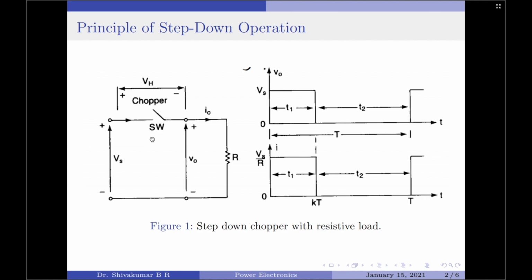Ideal switching devices show 0 voltage drop when they are on, whereas the practical devices have a finite voltage drop ranging anywhere from 0.5 volts to 2 volts. Please note the waveforms shown here are for ideal conditions and hence the voltage drops of these power semiconductor devices are neglected. Let us now move on to the mathematical part of this explanation.